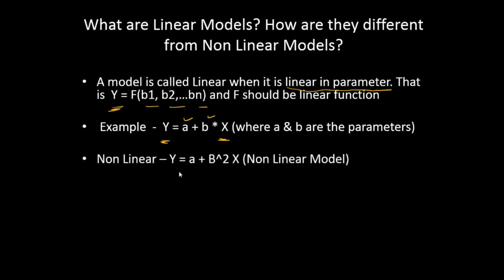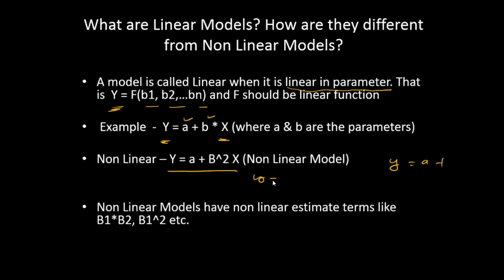An example of a non-linear model is y equal to a plus b square x. So this is a non-linear model. But remember that y equal to a plus b x square is not a non-linear model.